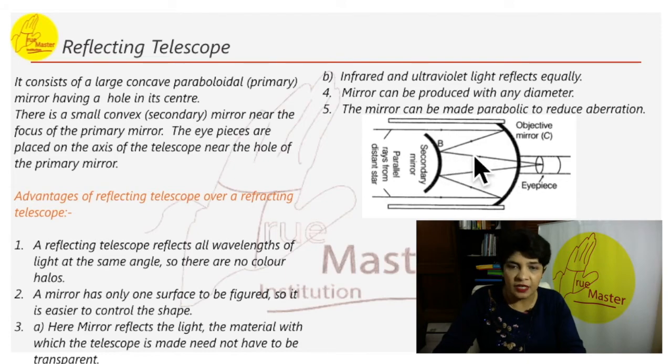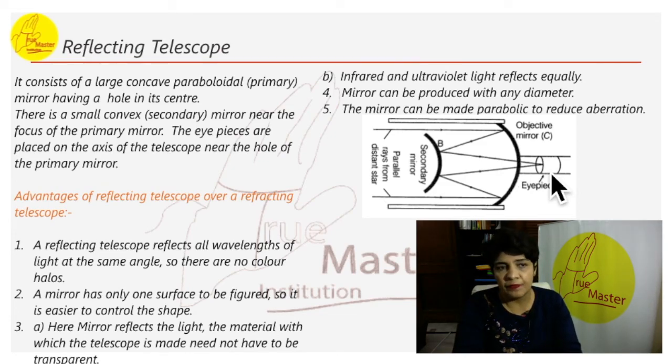There are various advantages why we use this reflecting telescope over the refracting telescope. The reason is a reflecting telescope reflects all wavelengths of light at the same angle, so there are no color halos. What are halos?